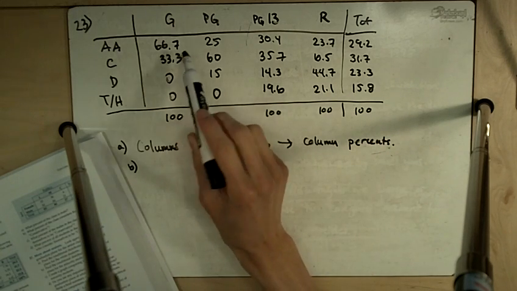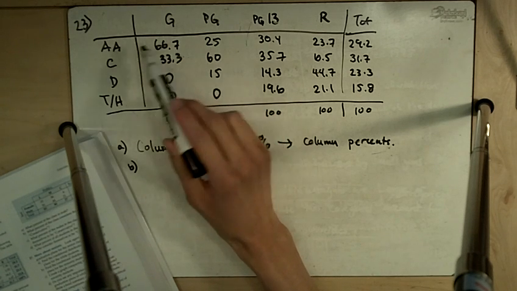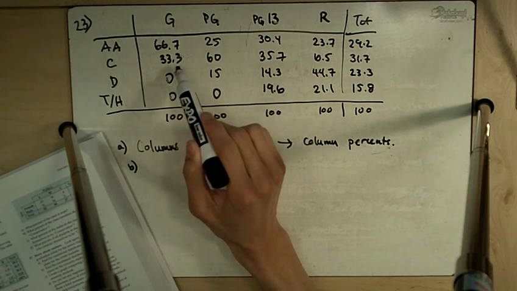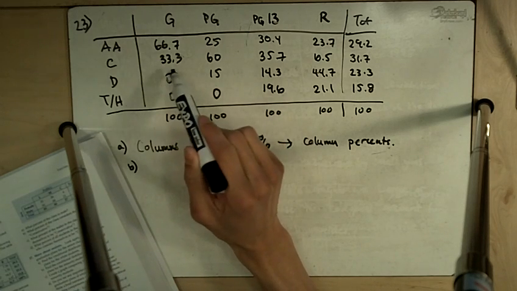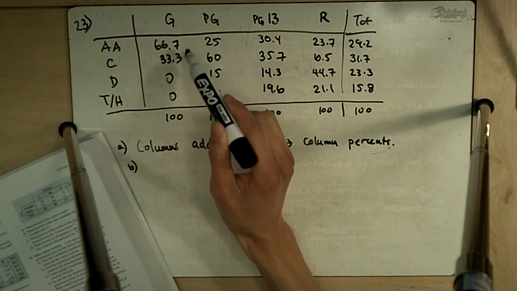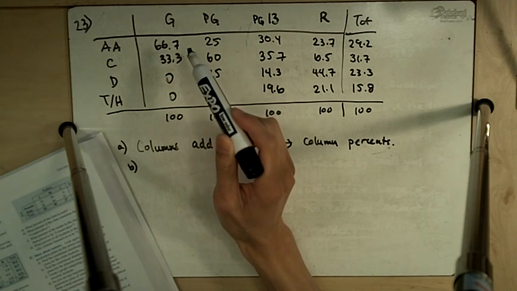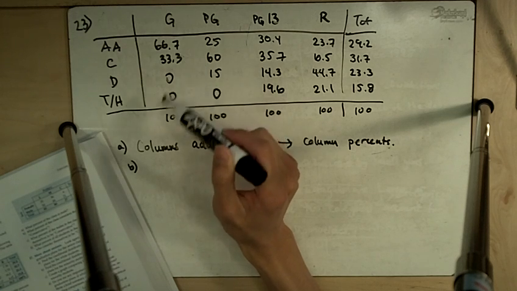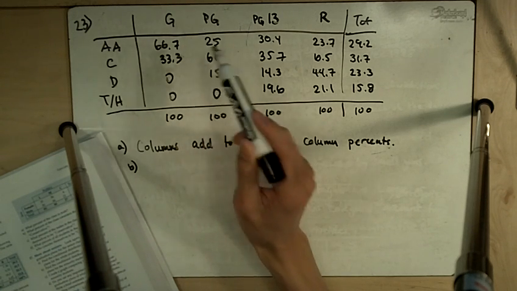Even though 66.7 of G-rated movies were action adventures and 33.3, so basically 2/3 were action adventures and 1/3 were comedy movies in this category, we don't know if that was 2 movies and 1 movie, for a total of 3 movies that were G-rated, or if there were 6 movies that were G-rated. We have no idea.